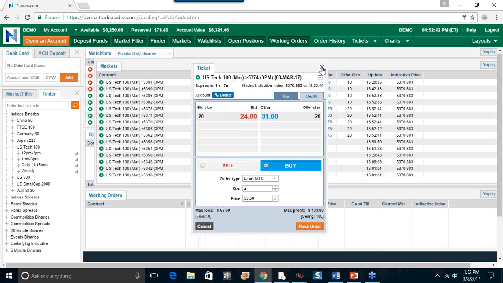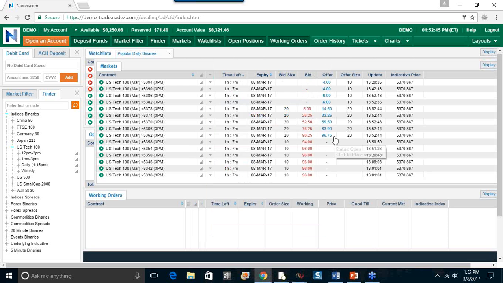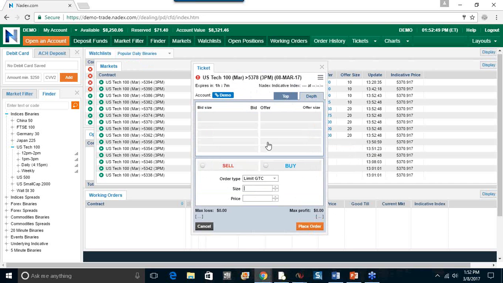Okay. What if I'm expecting a really big move? And I say, all right, what about these $15, $16 binaries, okay, where I could get 4 of them and still only be risking $64.